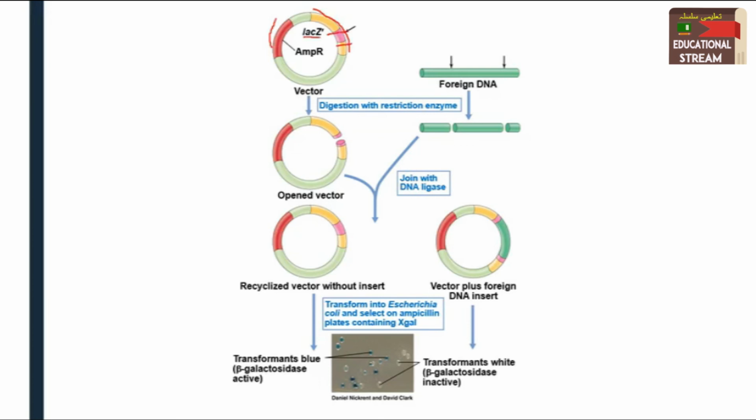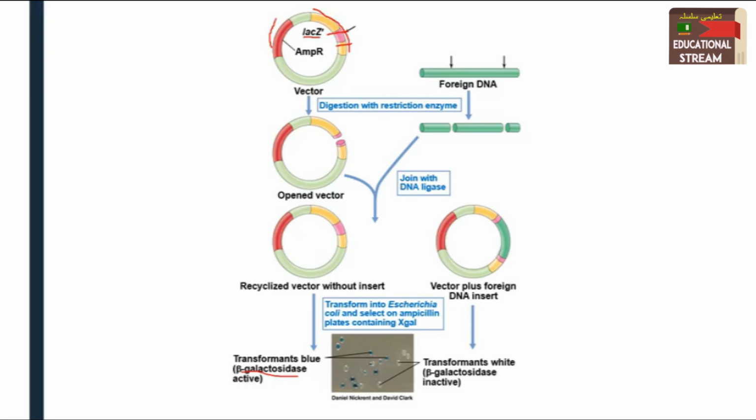LAC-Z is a gene which encodes the enzyme beta galactosidase, which is involved in the metabolism of lactose. If you recall the LAC operon, it consists of three genes, LAC-Z, LAC-Y and LAC-A. So this LAC-Z gene is from the LAC operon.